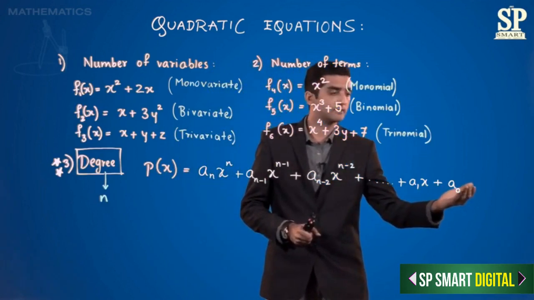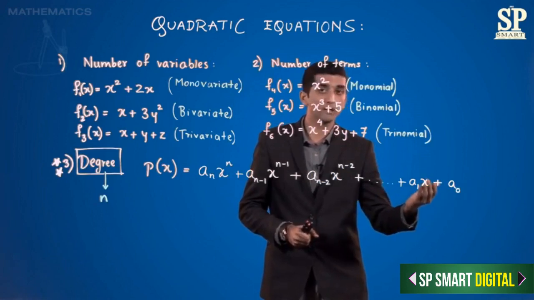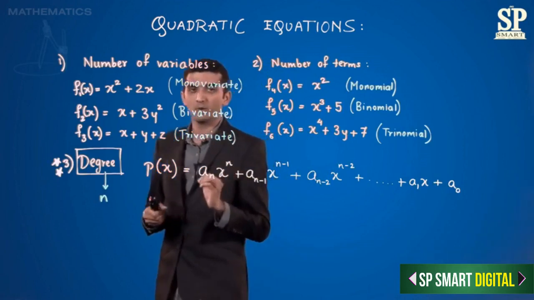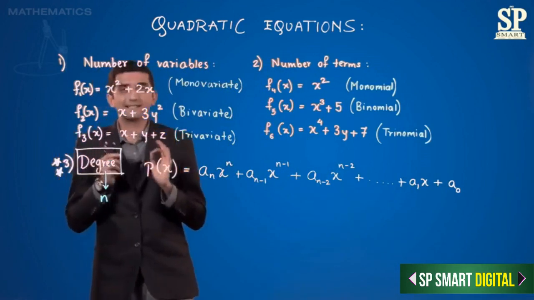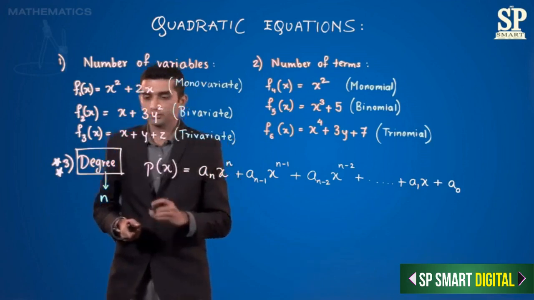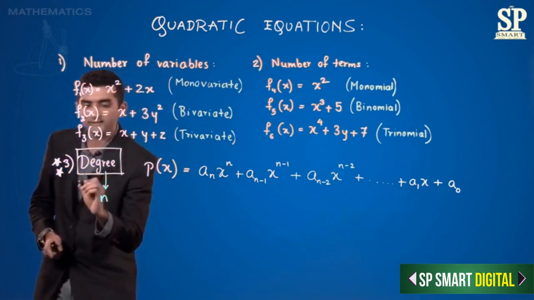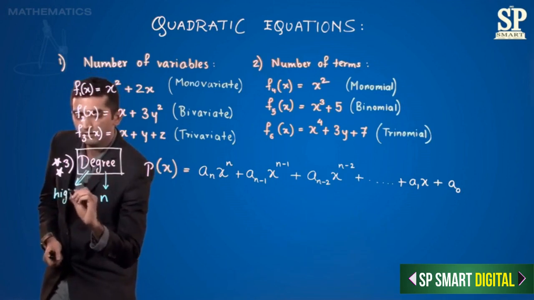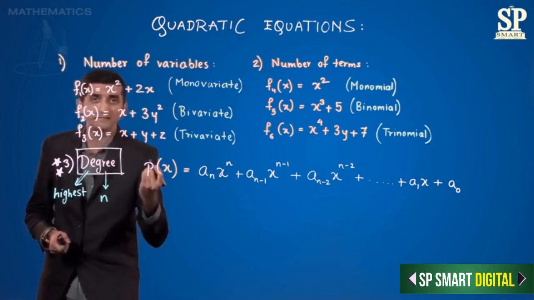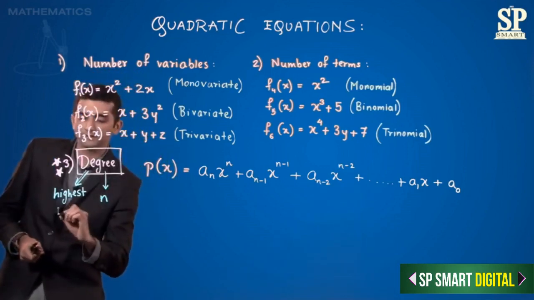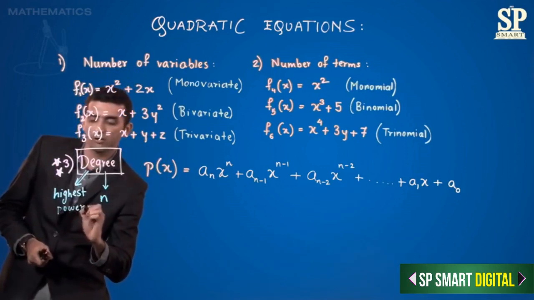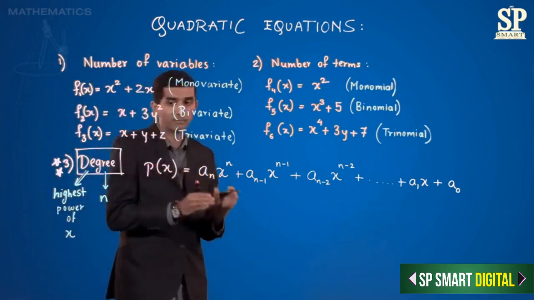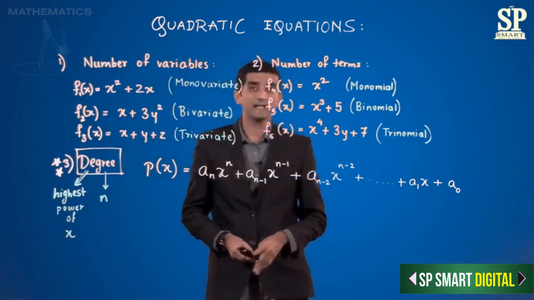And here the power of x is 0, here the power of x is 1. So the highest power that x takes in a polynomial is called the degree of a polynomial. So we can say that degree is nothing but, by definition, the highest power or the highest exponent that x takes, and we write that as n.